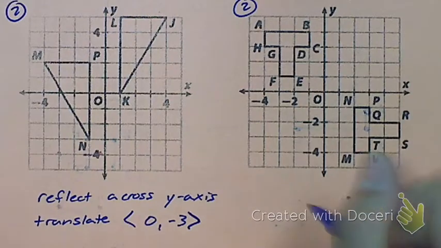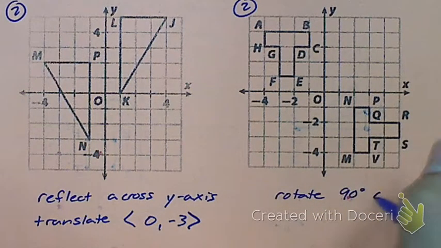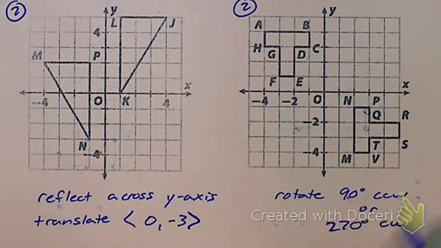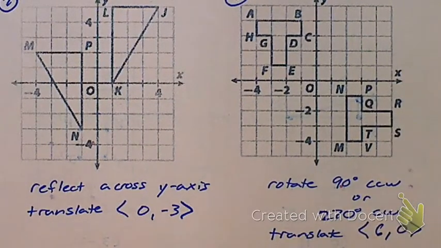For number 2, rotate 90 degrees counterclockwise or 270 clockwise. Then translate to the right 6. The 2 most commonly used answers for this problem.